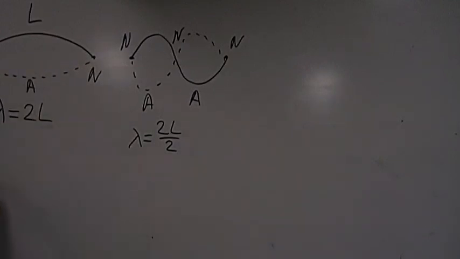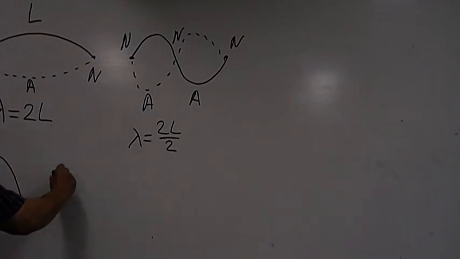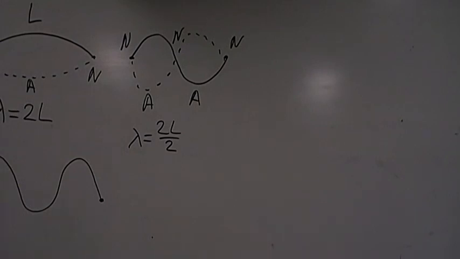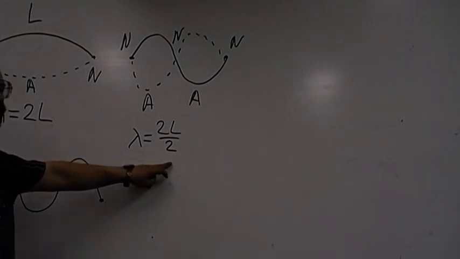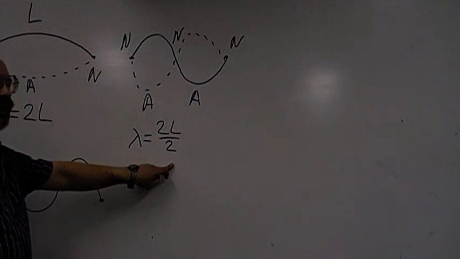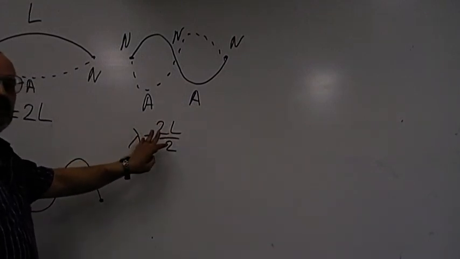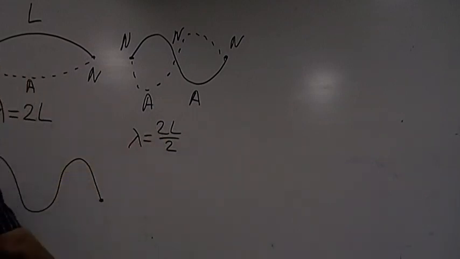Then we can have the next one like this. Is it not just wavelength equals L? Yes, 2 and 2 cancel out. I intentionally left in those two because we will see the pattern.